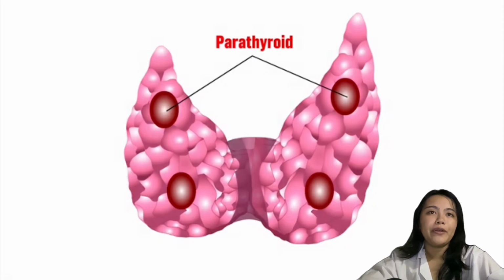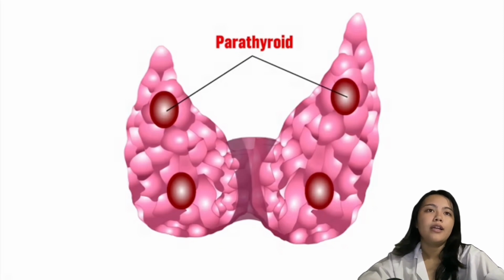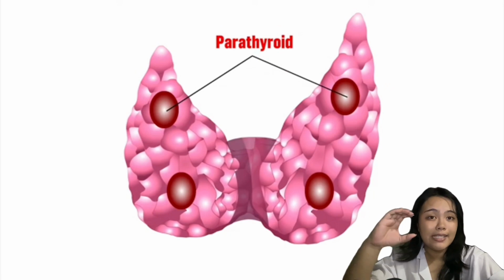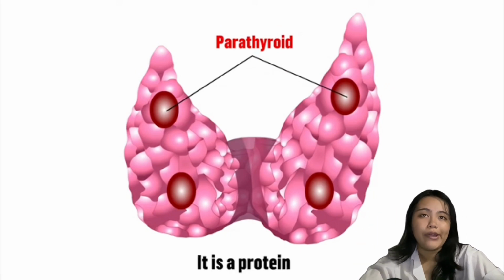So now let's dig deeper on calcitonin. Calcitonin is a hormone primarily produced by the parafollicular cells, also known as C cells, of the thyroid gland.